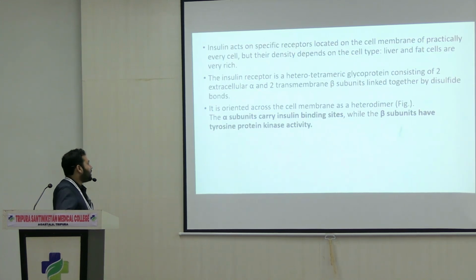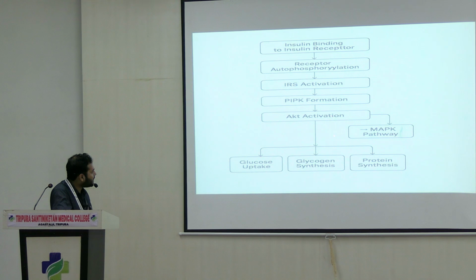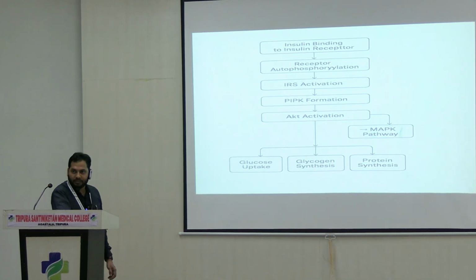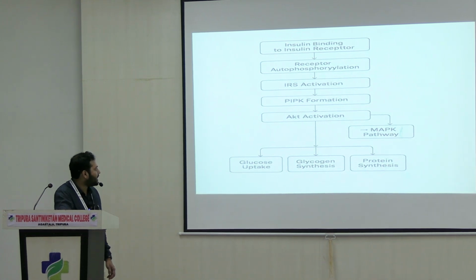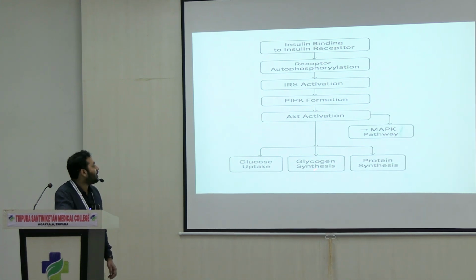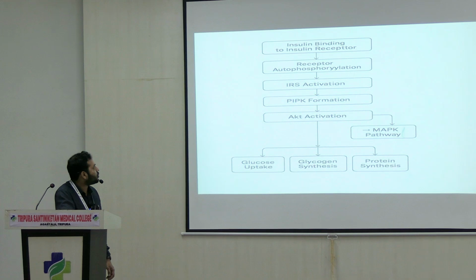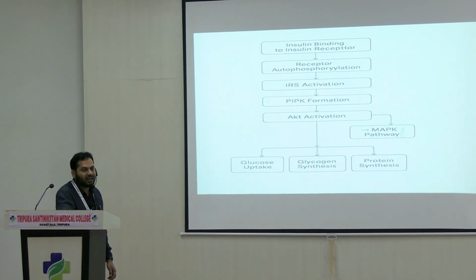Now, here you can see the sequential events, how this pathway gets activated, and what the terminal part of this pathway is. It improves glucose uptake by producing GLUT4, and it also involves glycogen synthesis because it promotes the synthesis of certain enzymes required for the synthesis of glycogen. At the same time, it also produces certain enzymes that promote the biosynthesis of proteins. So, this is the importance of this signaling cascade.